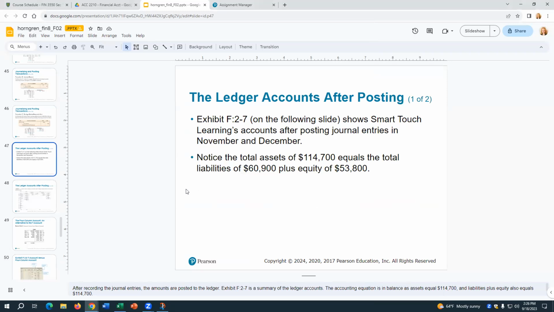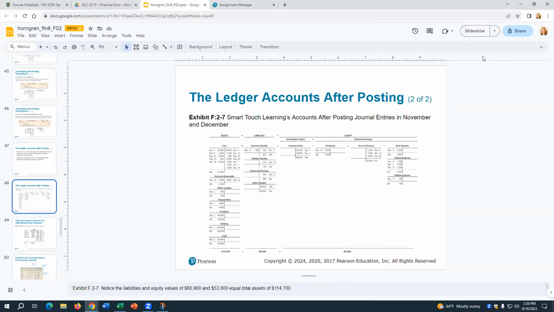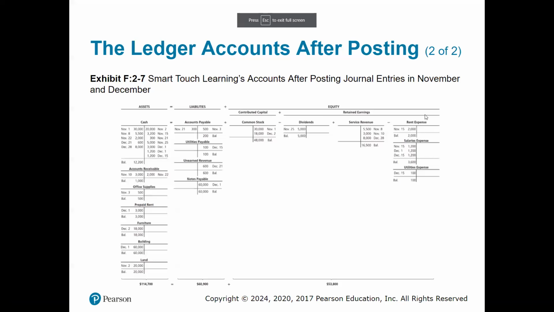So once we do that, they had a whole list of accounts here for various journal entries, and we went through some of our in-class exercises instead, but there are examples of very similar types of entries that were in the slides. And so we can see here they put this into the format of the accounting equation with the assets here, the liabilities here, and then all the things that go into equity are on the right.